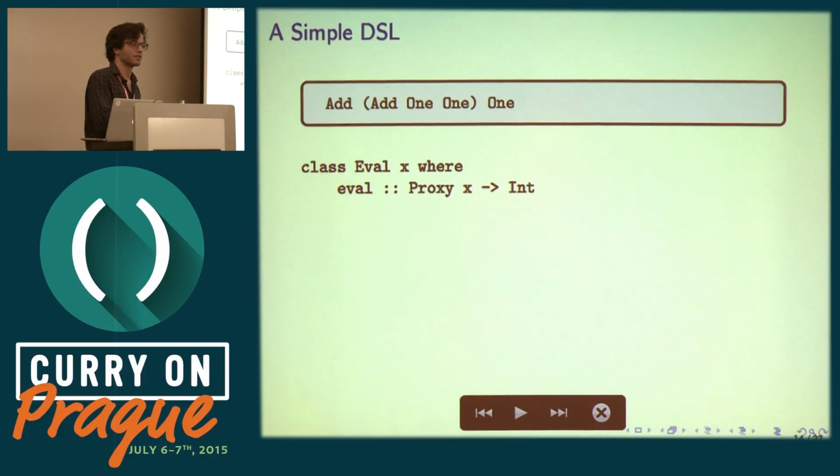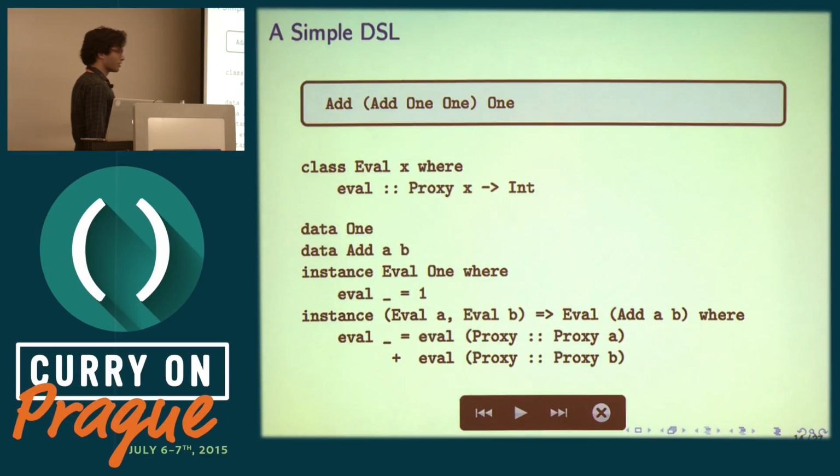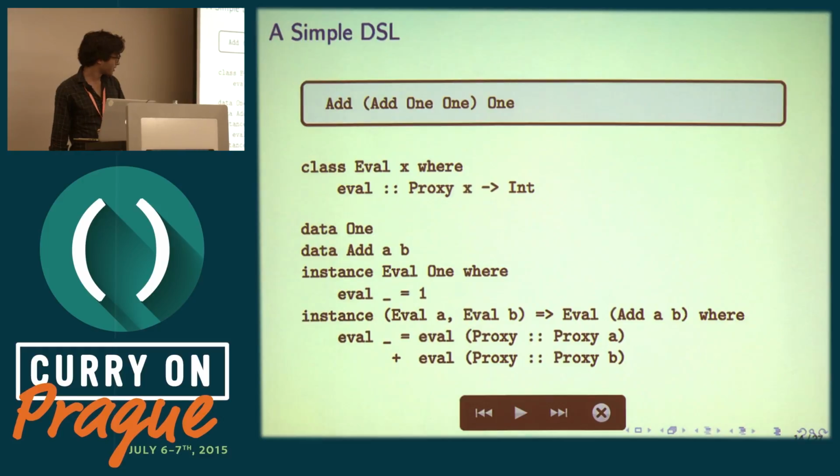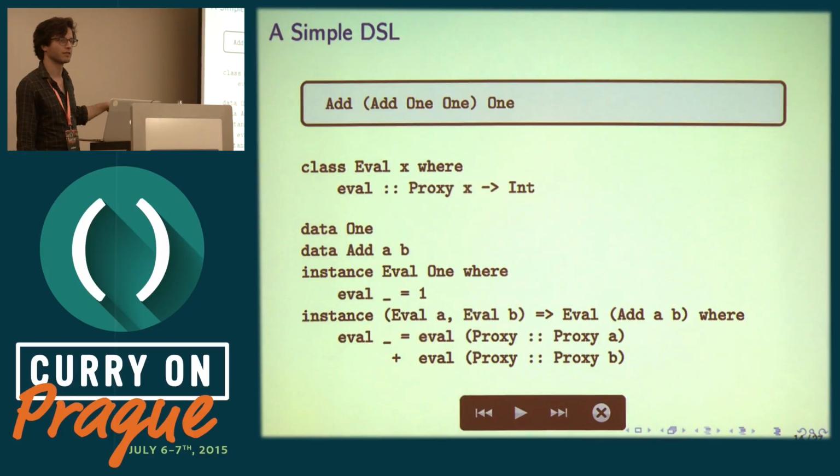And then we simply write instances for the terms that we want to interpret. We also need to declare empty data types. We don't care about the value level. We're done with that value level for now, so our data types are empty. And as you can see, this isn't that much more complicated than our value-level DSL.